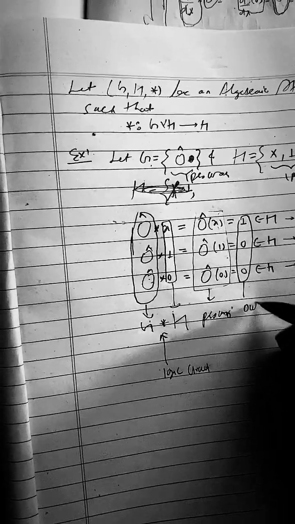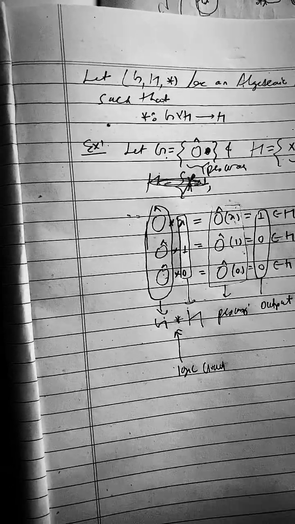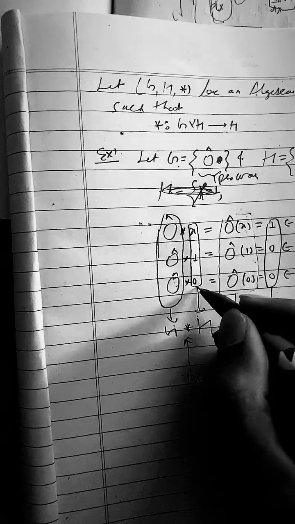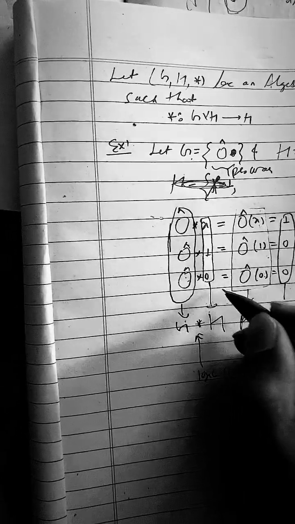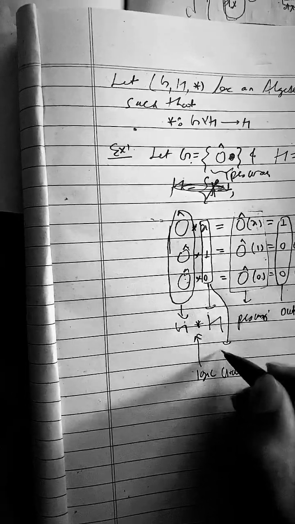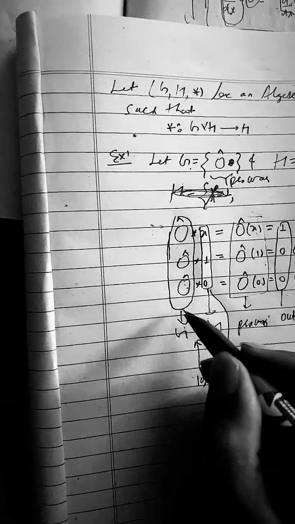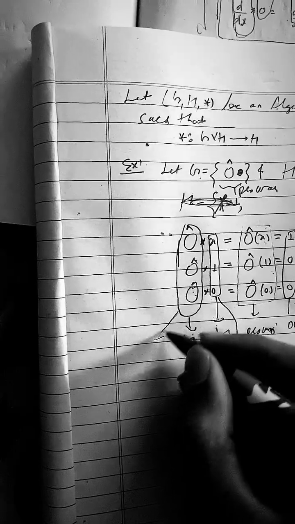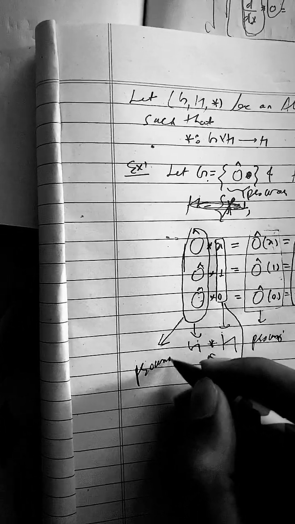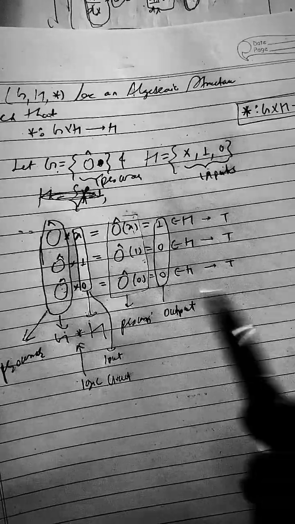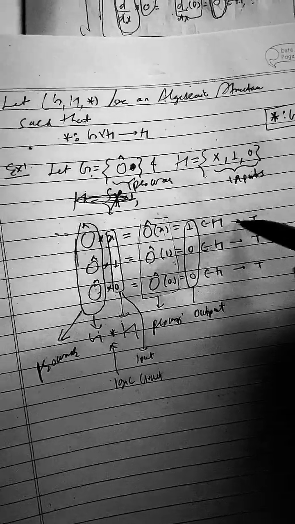So this is the output, this is the processing, this is the input, and this is our processor.